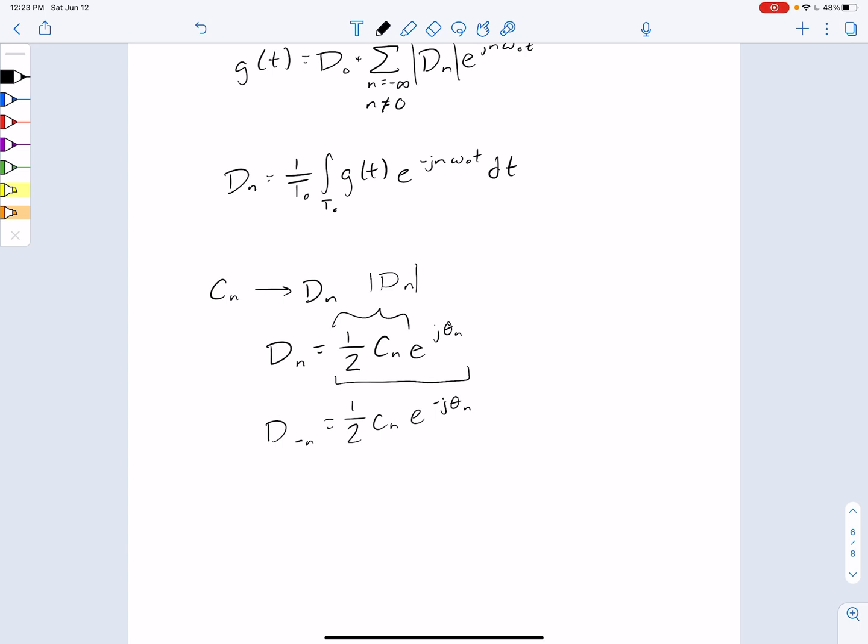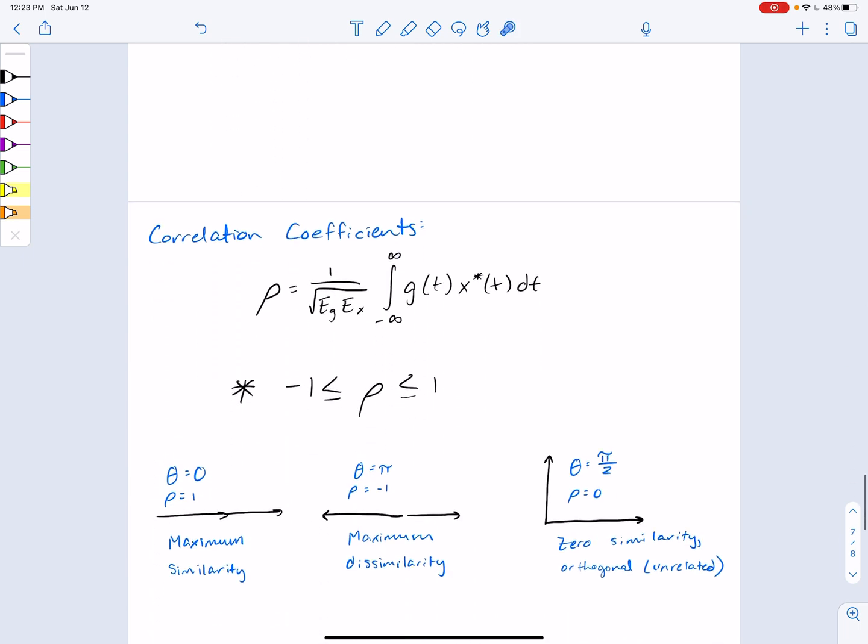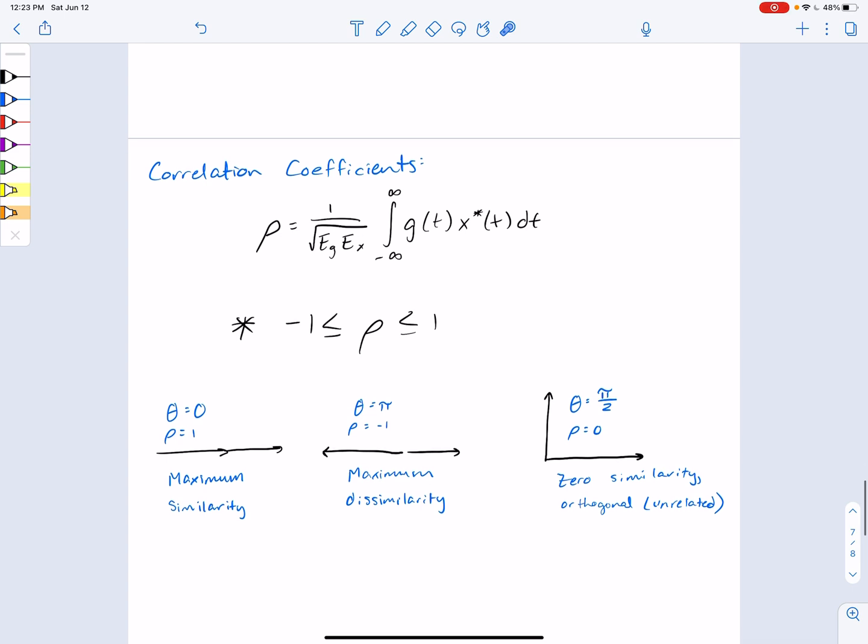Okay, so correlation coefficients. This is the general formula. Hopefully you have worked with that by now. One thing I want to mention is that it is always going to be some value between -1 and 1.